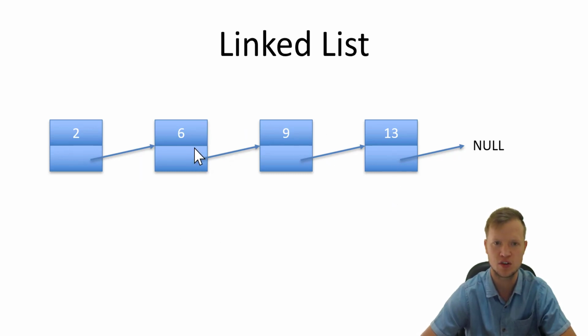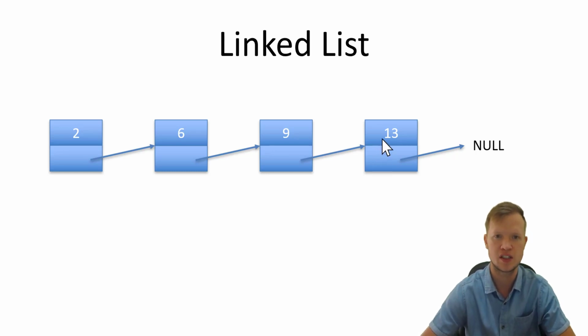These links are generated dynamically, and in each link there will be data, and this can be more than one or two variables, and then you also have a pointer in your link, and this link will point towards a new link, and this link will have the same. It's got the data and it's got a pointer that will point towards another link, and so forth. And the last link in this data structure will point towards null, meaning the end of this linked list.